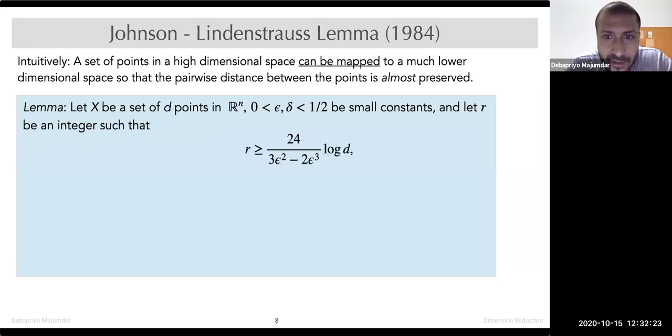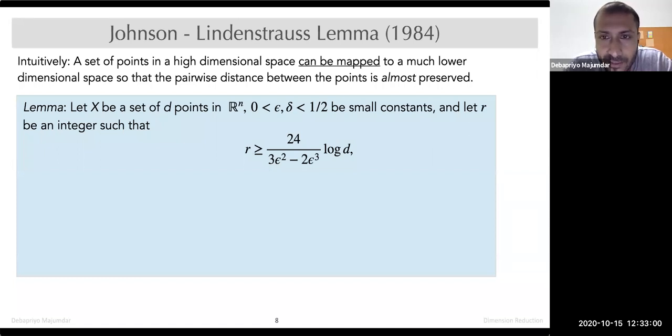Then, if we have constants such that this r is greater than or equal to this quantity, 24 by (3 epsilon square minus 2 epsilon cube), times log D. Now, epsilon is small, so 3 epsilon square minus 2 epsilon cube, epsilon cube is even smaller, right? So it will definitely be a positive quantity, but a very small quantity.